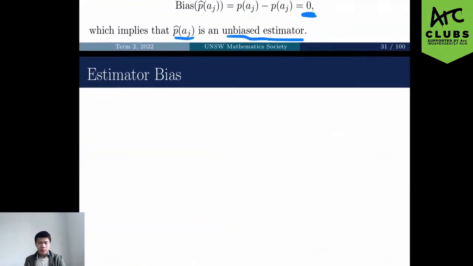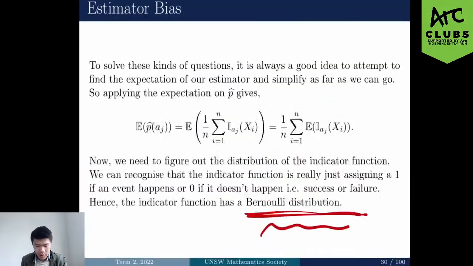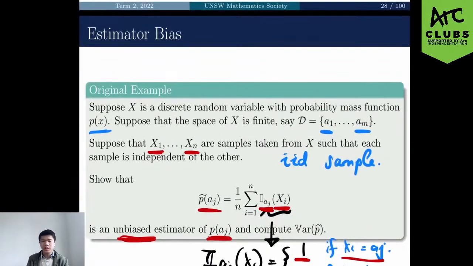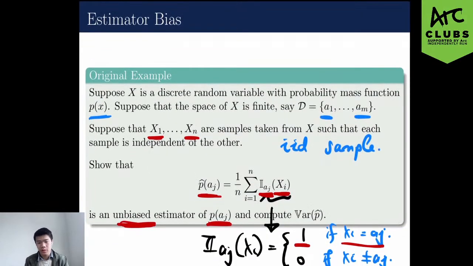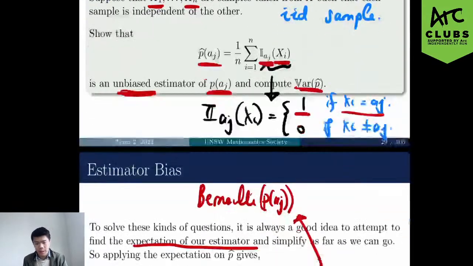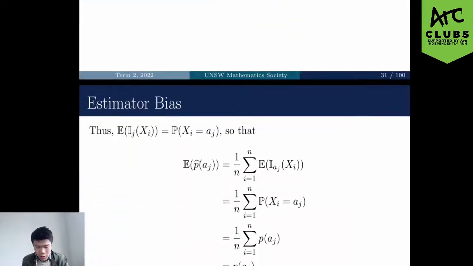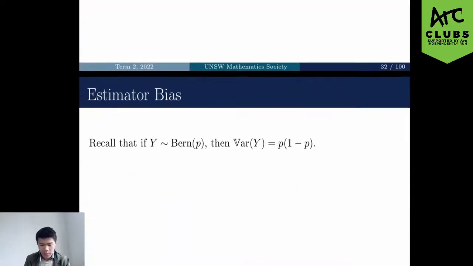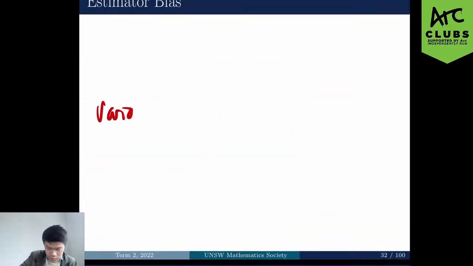Alright, so the question isn't over, because looking back, not only do they want us to show it's an unbiased estimator, but they want us to compute its variance. So because p hat is actually a random variable, it has a variance as well, so this question makes sense. So all we have to do is calculate the variance of this sum.